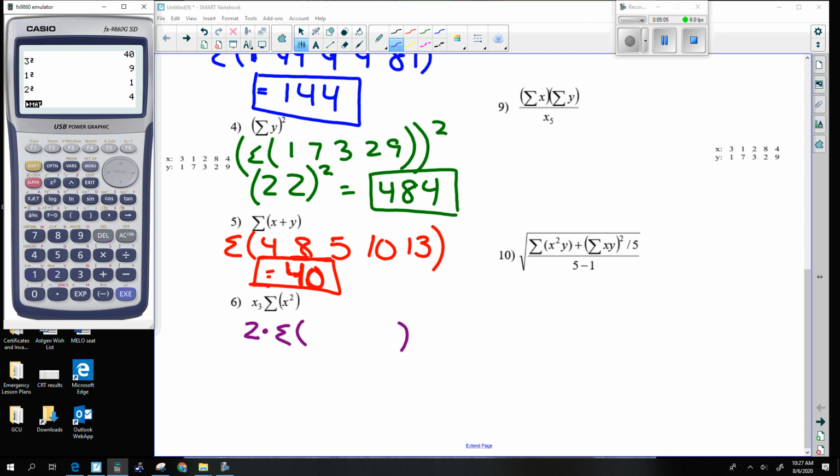I need to take those x squared. So that's 9, 1, 4, 64, 16. So this is 2 times 94. So 2 times 94, 188.